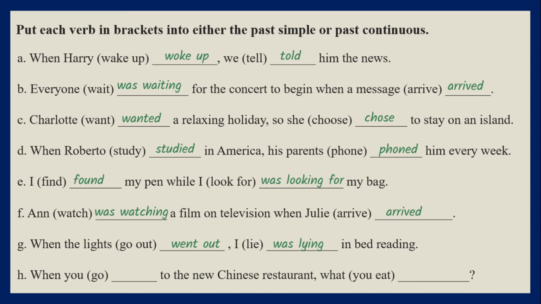Other examples are tie or die. H. When you went to the new Chinese restaurant, what did you eat? Again, something which happened and finished in the past, two main events which happen one after another.